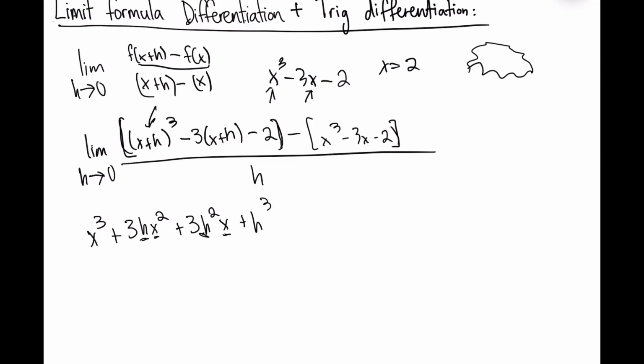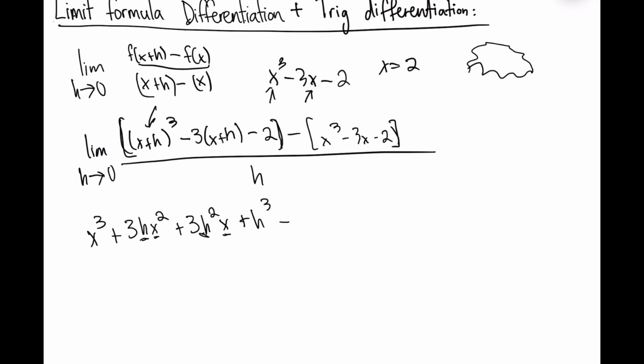And how I like to think of it is it goes from x cubed to x squared to just x to x disappearing. And kind of in the opposite order, we have no h, then h to the first, then h to the second, and then h to the cubed, right? So let me remove all these lines. 3h squared x plus h cubed.